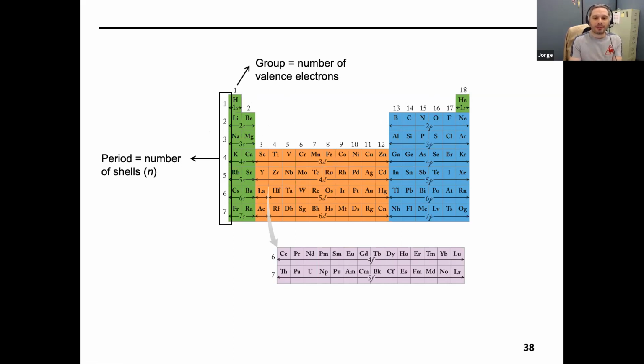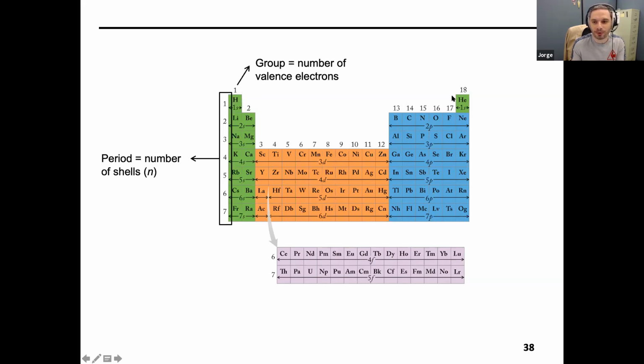All the elements in the same group have the same chemical and physical properties. And we know that the number of the group is exactly the number of valence electrons. Okay, don't forget about that.